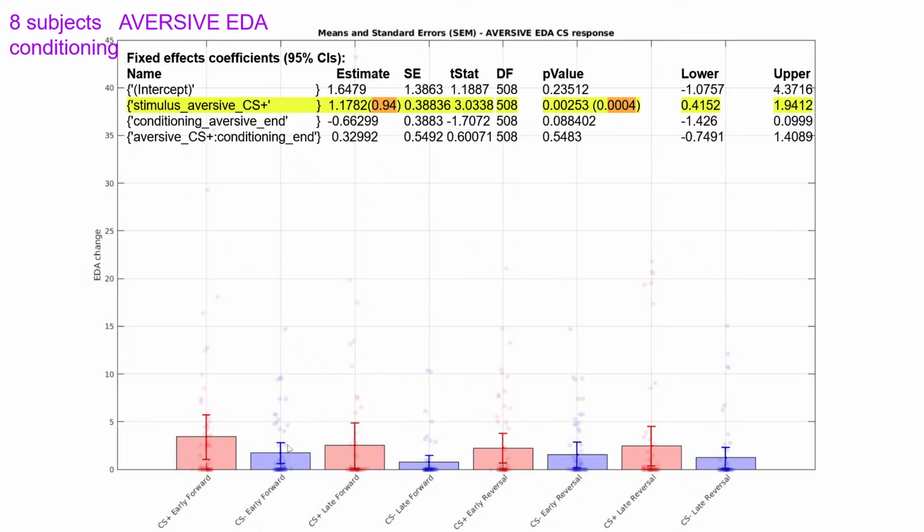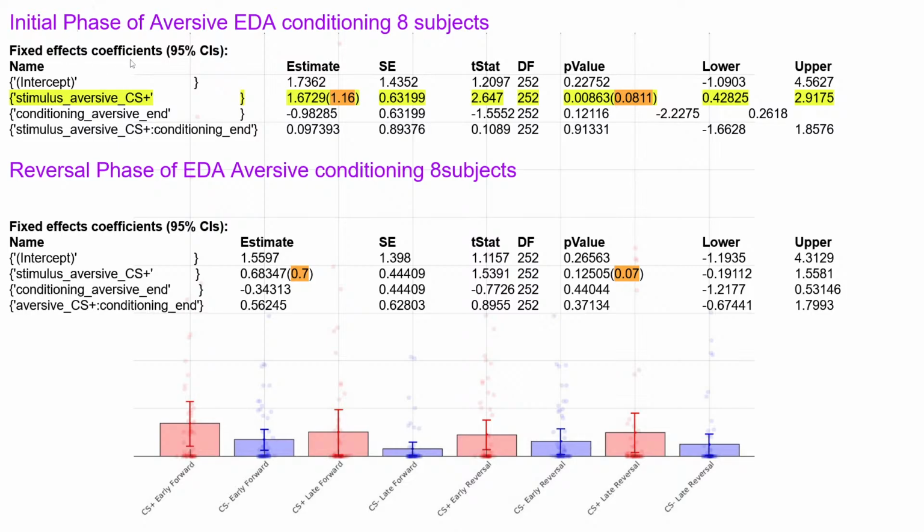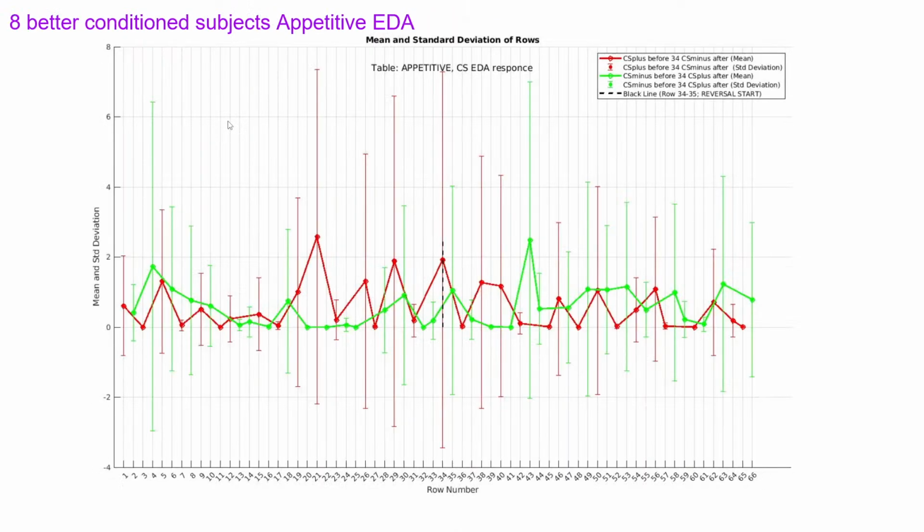If initial and reversal are analyzed together, CS plus is higher than CS minus in both the first and the second part of conditioning. If analyzed separately, only the initial phase or only the reversal phase, we can say that once again there is no more conditioning in these subjects, so they're still conditioned only for the initial phase.